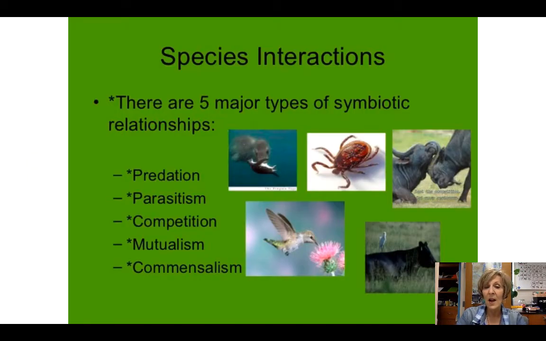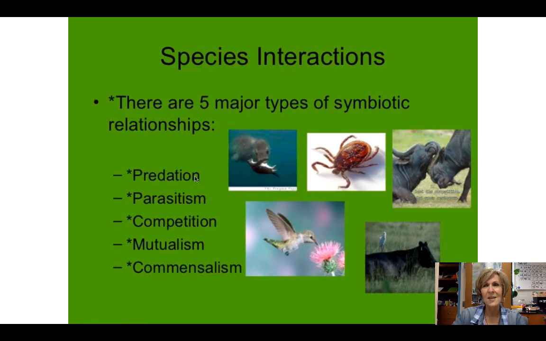We also have 5 major types of symbiotic relationships. So we have predation, we have parasitism, competition, mutualism, and commensalism. All right, so you should review these. I know you all learned these before. I like to think of this as a plus minus. Sometimes it is shown like that in books.